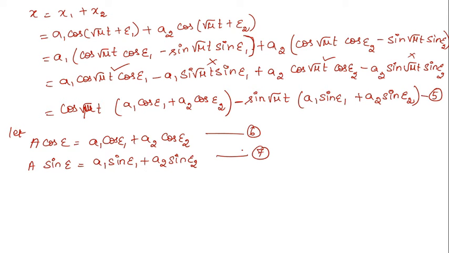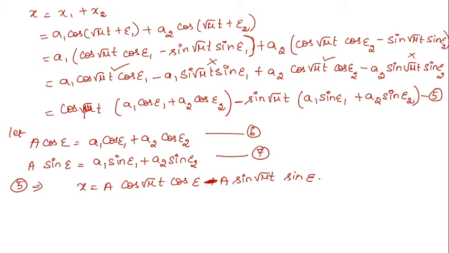So from 6 and 7, the fifth equation can be converted as x is equal to capital A cos root mu t into cos epsilon, minus, it is not plus, actually it is minus, capital A into sine root mu t into sine epsilon.